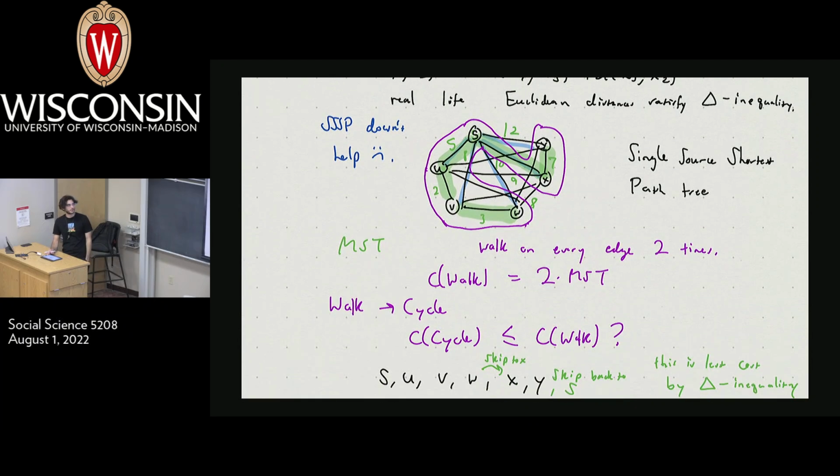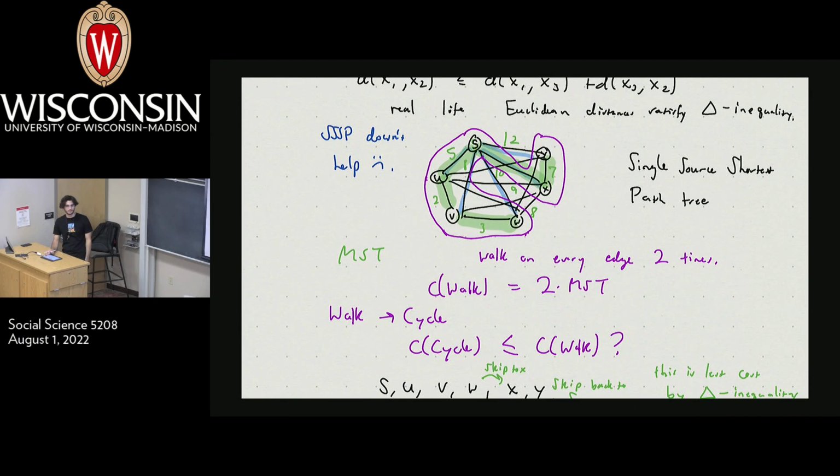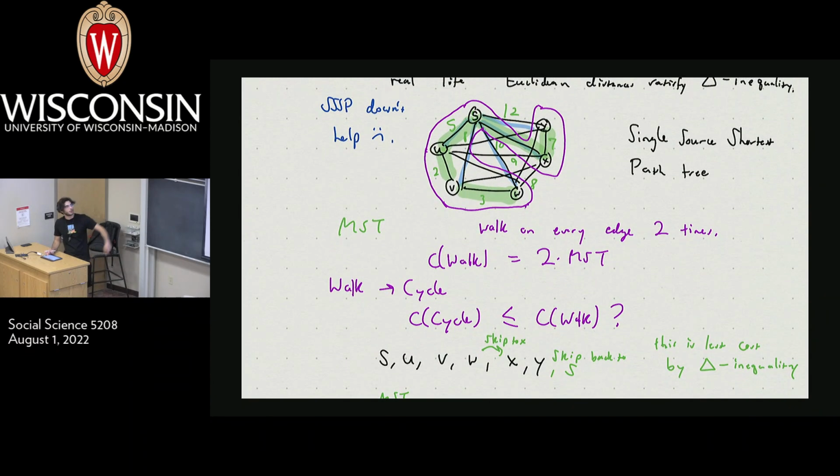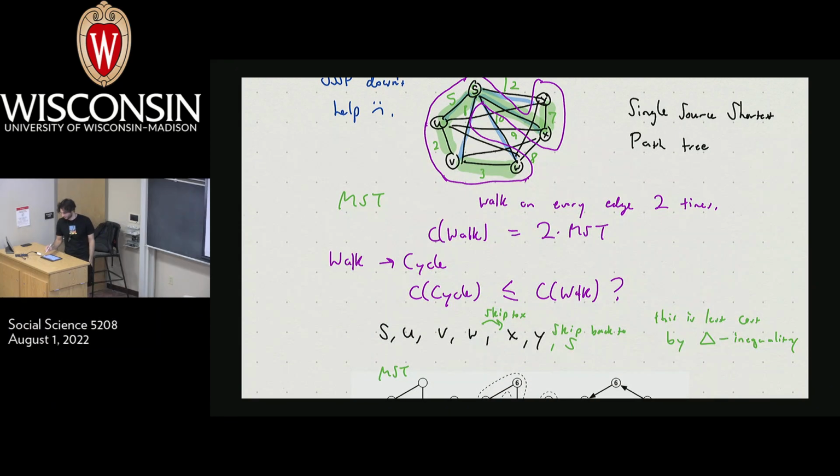MST. How do we infer that it gives us less than twice of MST? Any closed walk will be twice the MST, any of them. I just gave a specific one. Any cycle will be at most any closed walk, because a cycle is a minimal closed walk. DFS gives us an ordering of the nodes.